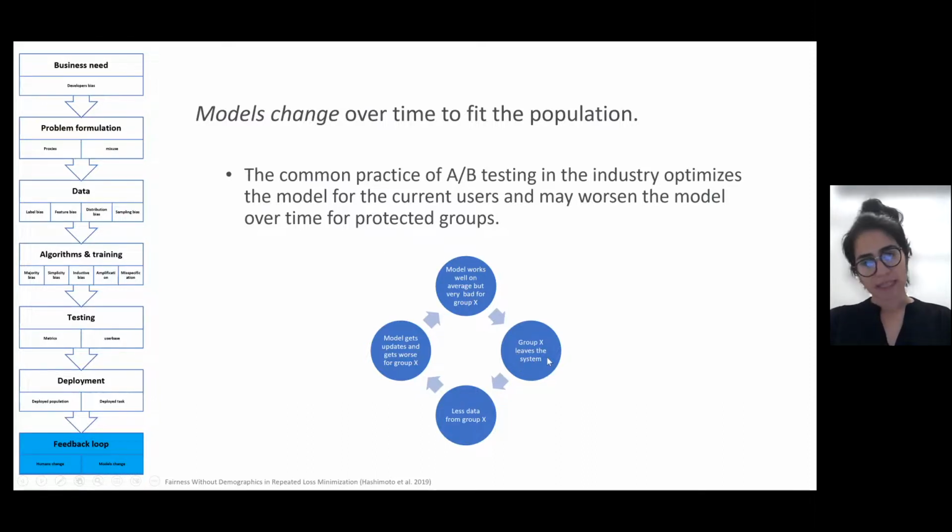And because group X leaves the system, we have less data from group X. So next time we update our model, it gets even worse for group X, and then this loop happens again. Group X leaves, less data, gets worse, group X leaves, and this feedback happens to the point that group X might not even use our system.